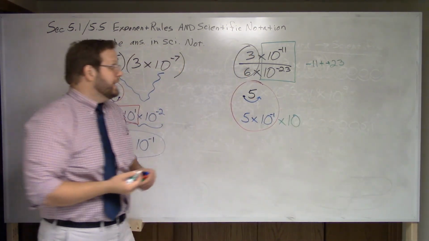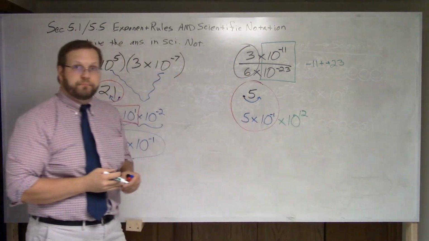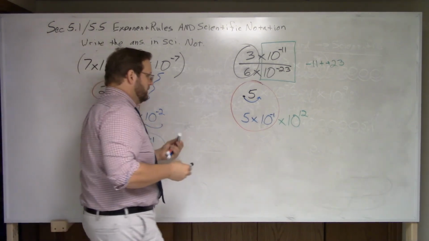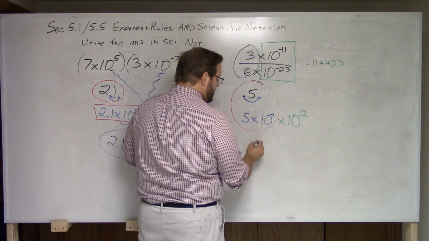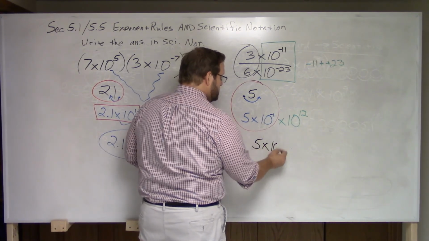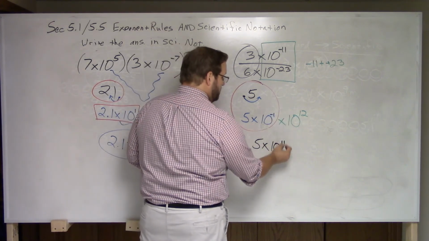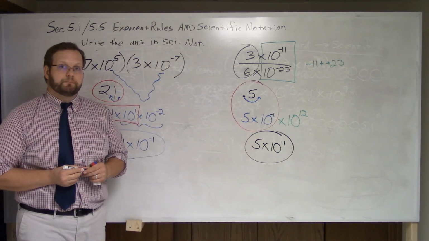Okay, and what I get is a positive 12. Okay, now don't stop there. I still need to pull these 10 powers of 10 together. So I have a 5 times 10, negative 1 plus 12 is 11. And there we go.